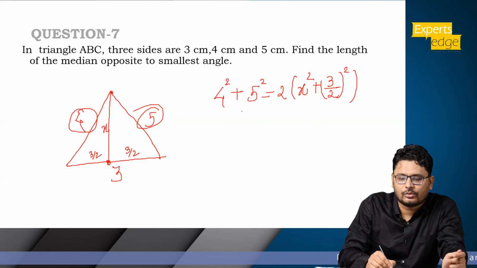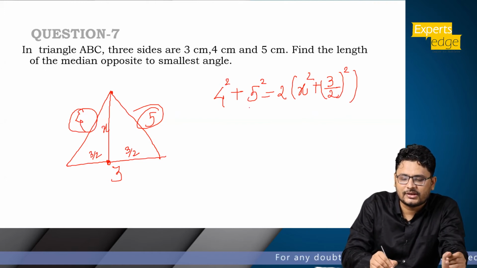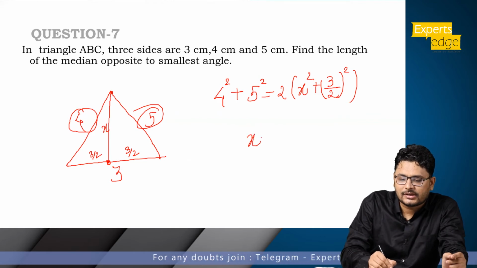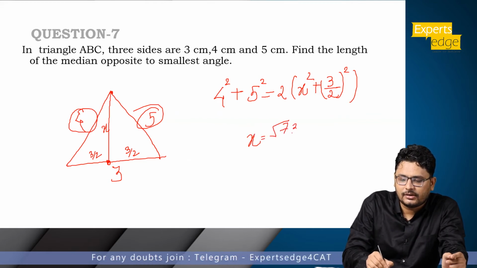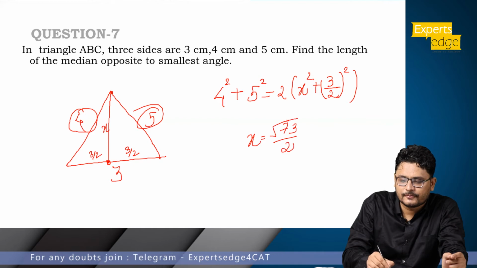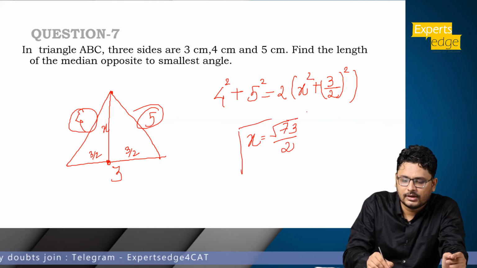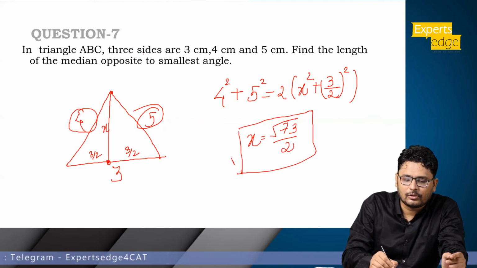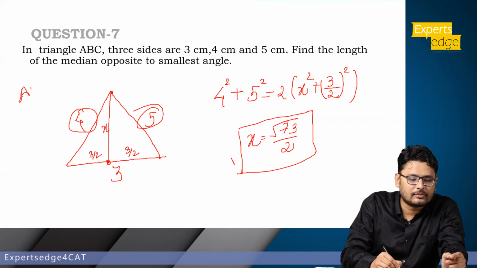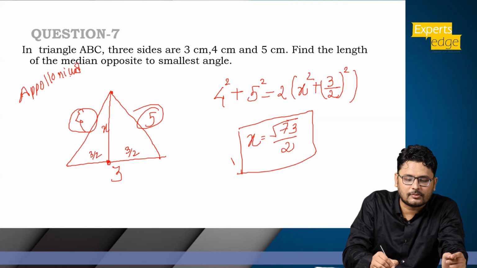Right? So if you solve this, it comes out to be 16 plus 25, 41. On solving, x comes out to be root 73/2. So just solve that part. But please remember Apollonius theorem, it is very important. It's a direct application of Apollonius theorem.